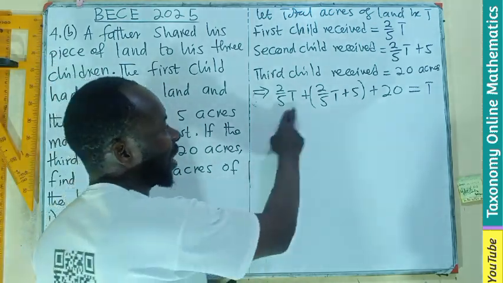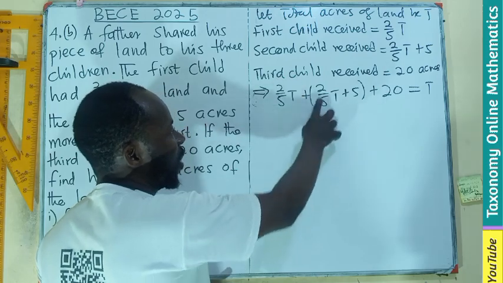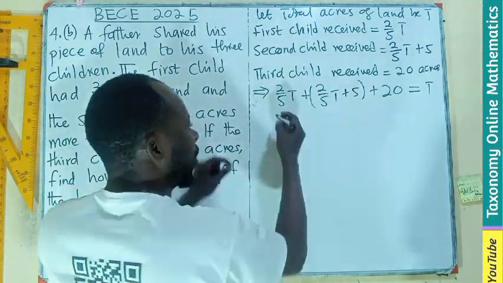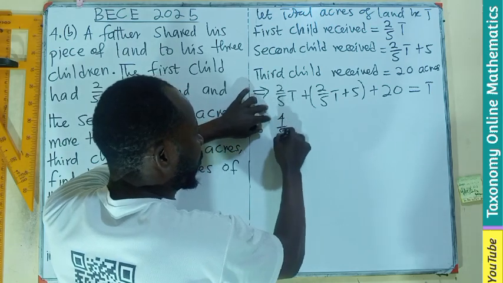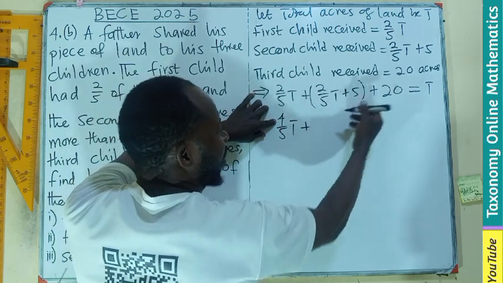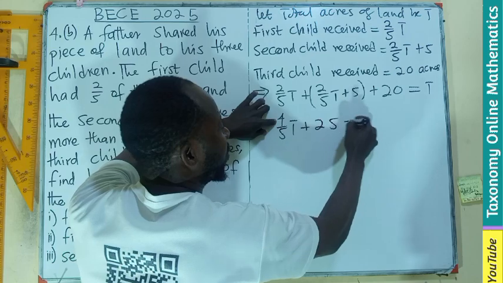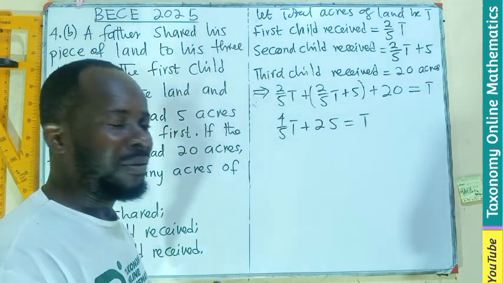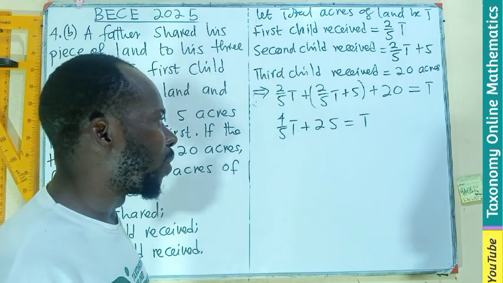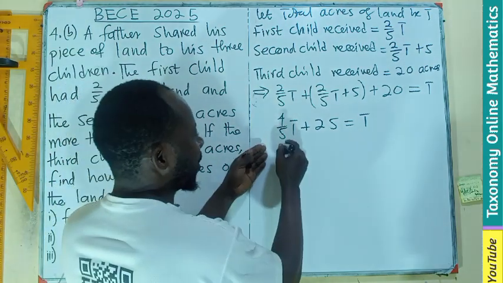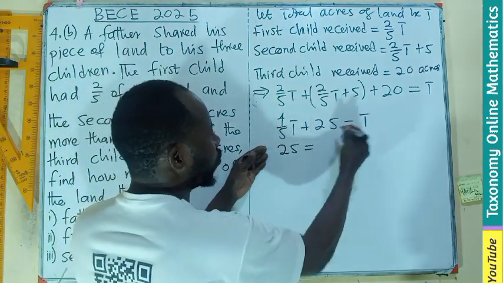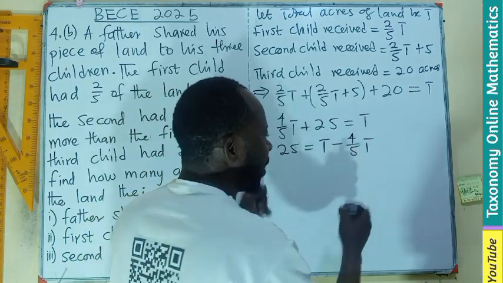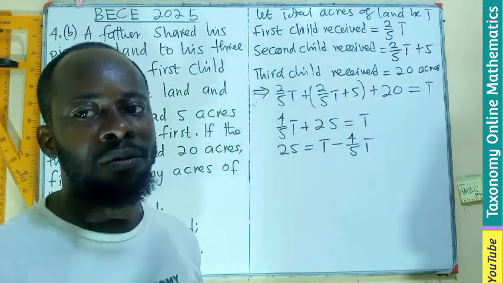I can see that this is a fraction, T. I look at the coefficient, 2/5. That becomes 4/5. So we'll be having 4/5 of T plus 5 plus this is also 20, 25, equals to T. I can still decide to multiply through by 5, which is the LCM, or group like terms, as in 25 equals to T minus 4/5 of T. T is having a coefficient of 1 here.